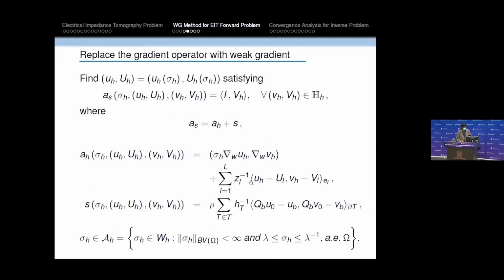Just some replacement. However, we need to add this stabilizer term, as V0 and VB should not be so far away from each other. So we add this S term so that this discrete version of the variational formulation is stable and solvable.